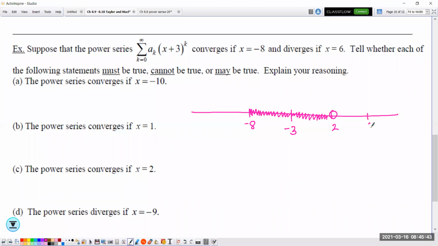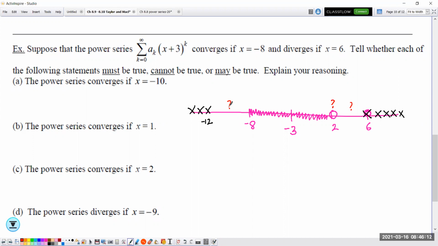Then 6 is no. This is no, no, no, no, no, and that will be no, no, no, no, no, which is 12. This is 100% don't know. Now the question mark is I don't know here, I don't know here, I don't know here. That's what maybe means, if that helps.